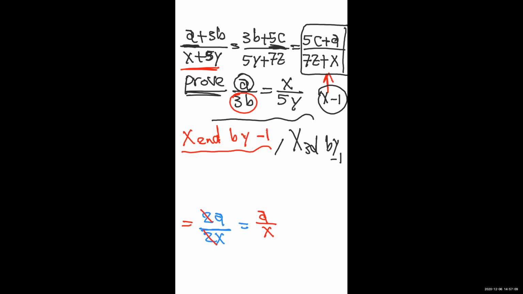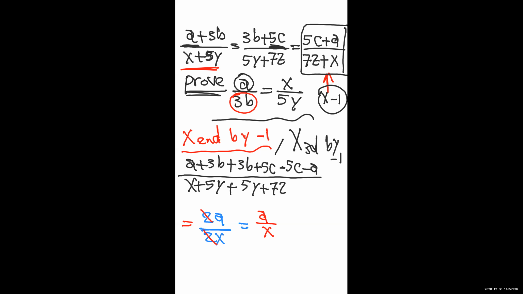So I'm going to add the antecedents again: A plus 3B, plus the middle one, which is 3B plus 5C, plus the last one. We said that we will multiply it by -1, so minus 5C minus A, over the consequents x plus 5y plus 5y plus 7z. Then don't forget, here we multiplied this term by -1, so -7z minus x.